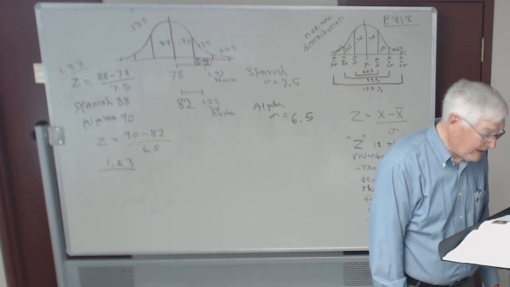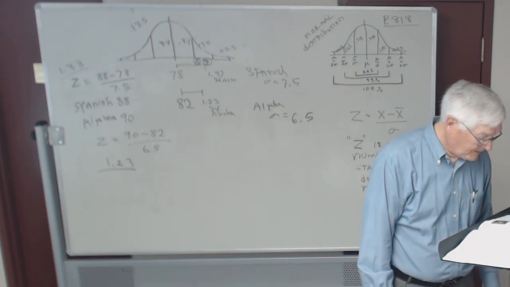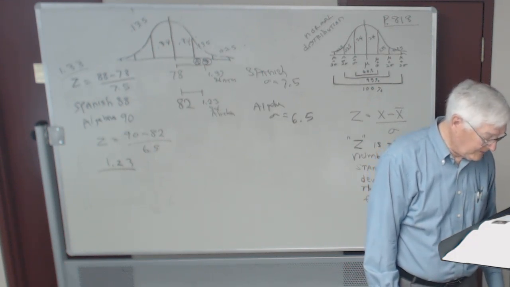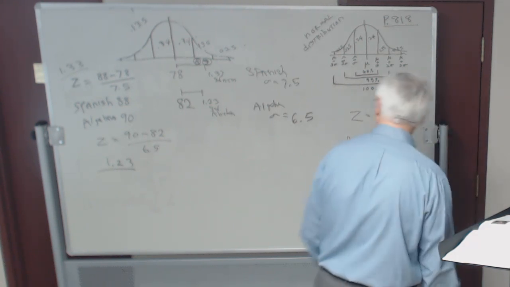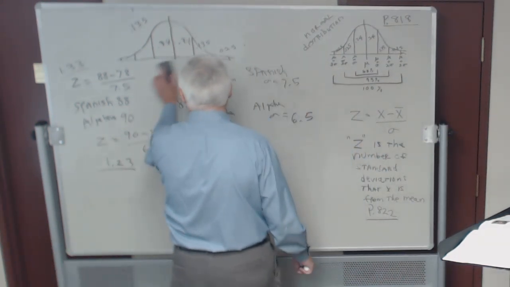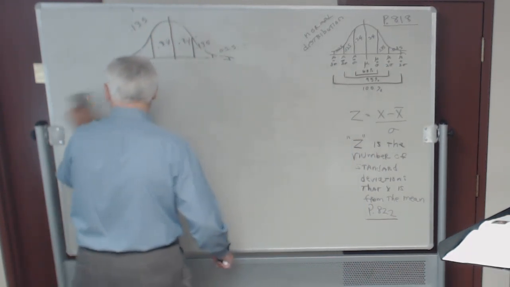In problems 19 through 23, assume a normally distributed set of test scores with a mean of 100 and a standard deviation of 15. So I erase all of this. And what do I put up here?